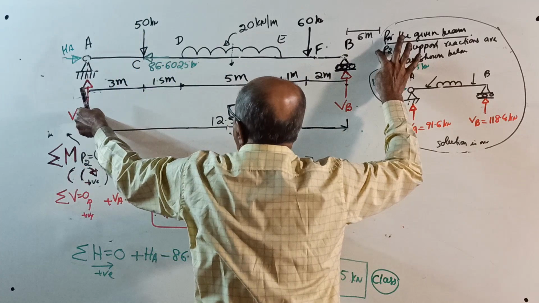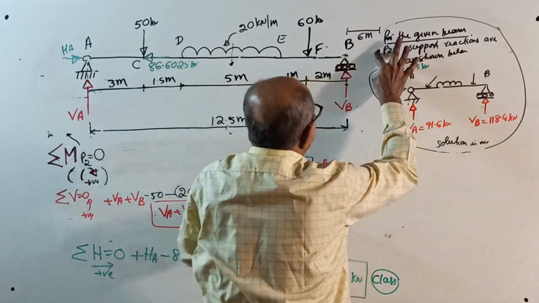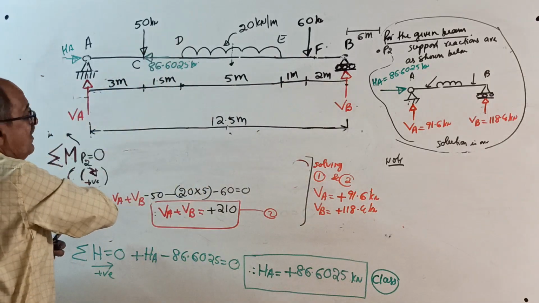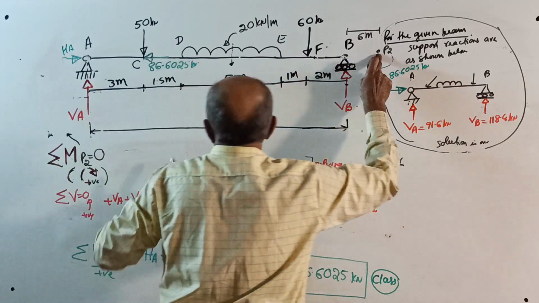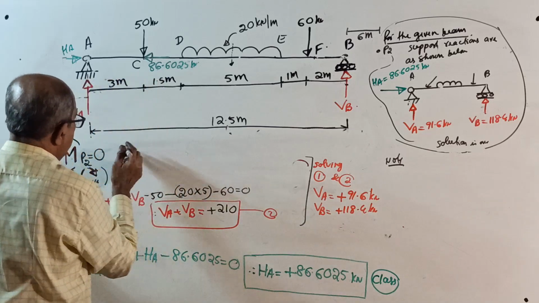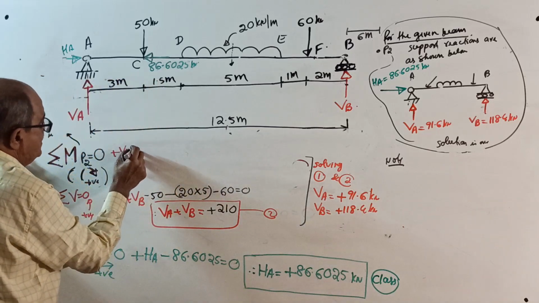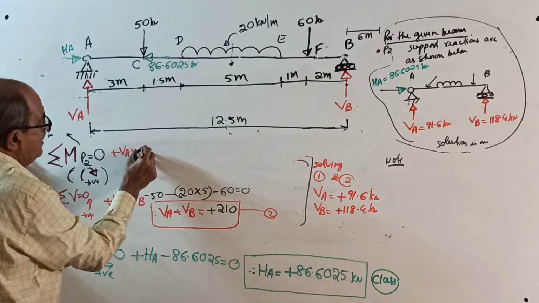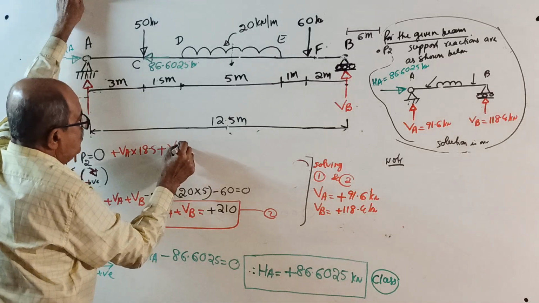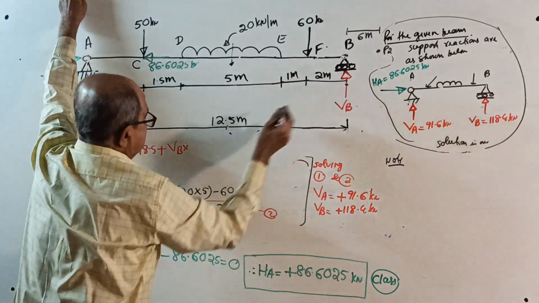VA into 12.5 plus another 6 is 18.5. So it is clockwise now, not anti-clockwise. Remember about that point, these are clockwise, these are anti-clockwise. That much you can make out. So it is plus VA into 18.5 plus once again VB into 6.